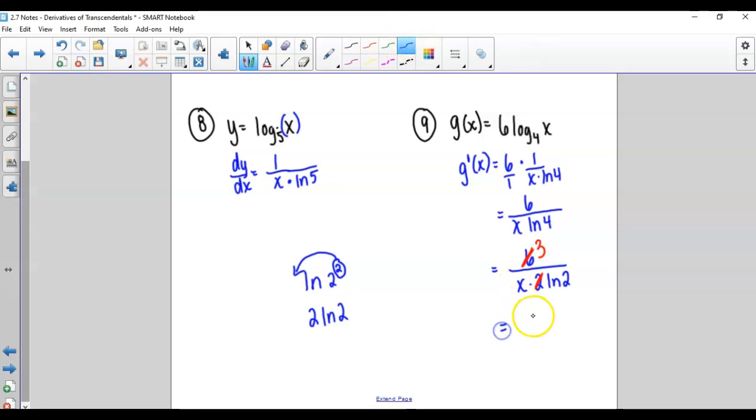So you could also get 3 over x natural log of 2. And that could be an answer as well. On a free response question, please leave it right here. If it's multiple choice and you don't see this answer, it's possible that this answer right here could be what you're looking for.